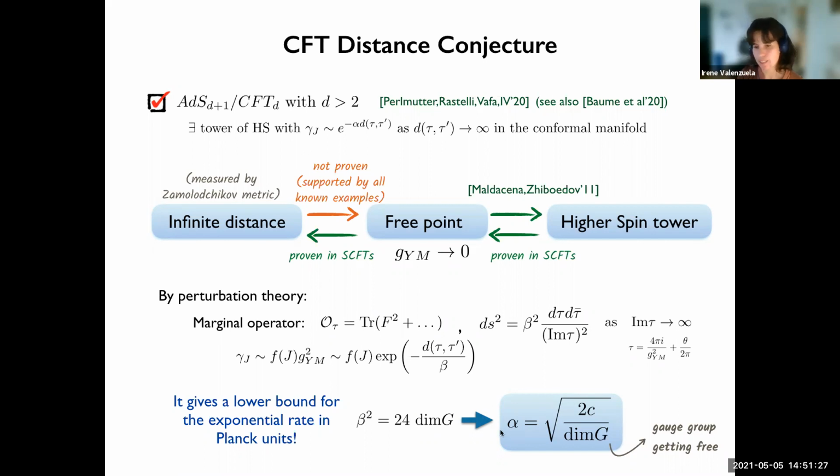In particular, the result for the exponential rate of the tower is 2 times the central charge of the theory times the dimension of the gauge group that gets free, which means that this has a lower bound because the central charge has to be bigger, right, than this dimension of the gauge group. And this is good because a lower bound on alpha means an upper bound on the field range. So it goes in the direction that you cannot travel parametrically far away.